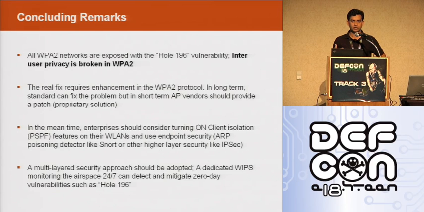But it is not foolproof. In certain scenarios, it will not work. So multiple layers of defense, multiple layers of security are required, and over-the-air security can probably be used to detect attacks like Hole 196 or any zero-day vulnerability.